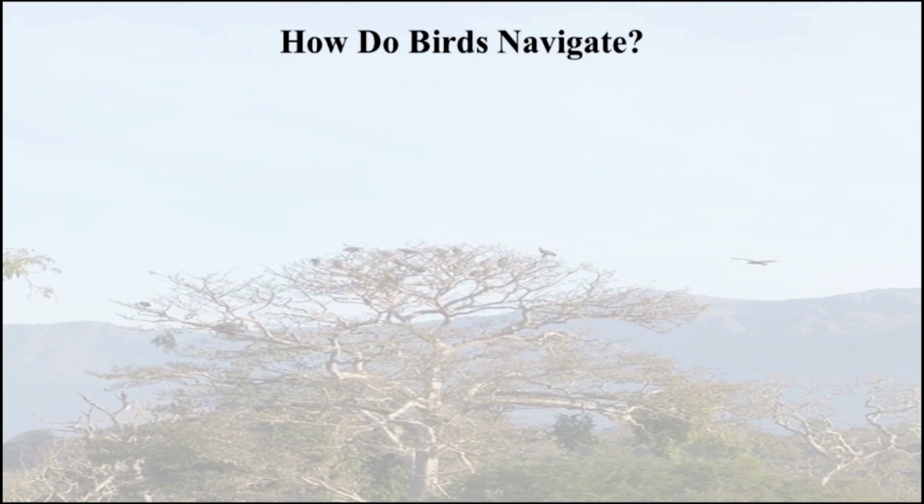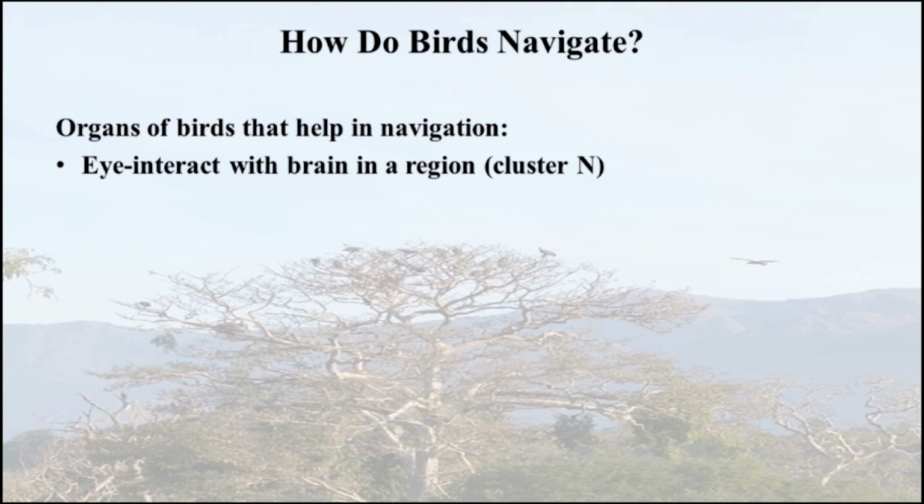How do birds navigate? Complex reactions between a bird's specific organs allow it to accurately navigate across thousands of kilometers. Organs of birds that help in navigation. A bird's eyes interact with its brain in a region called Cluster N, which probably helps the bird determine which way is north.